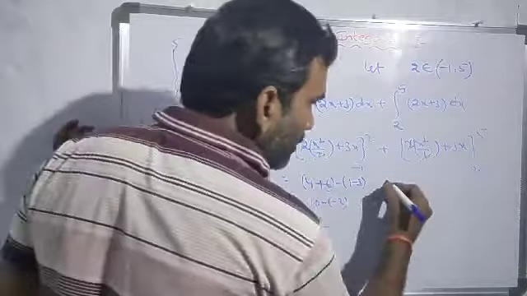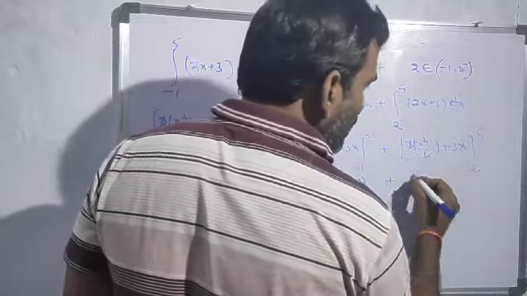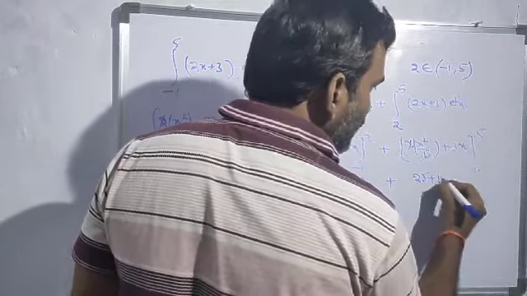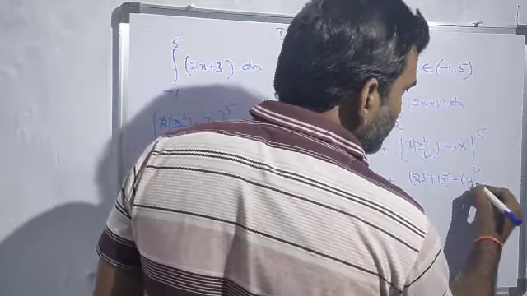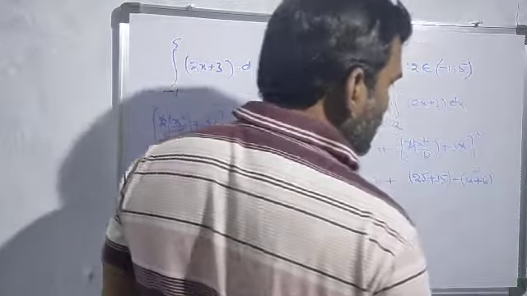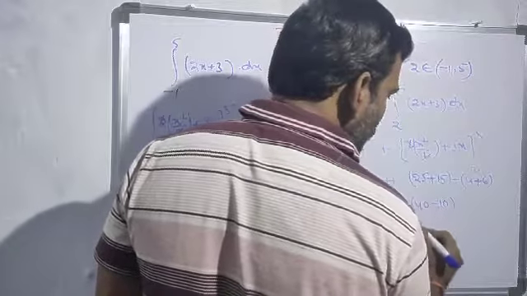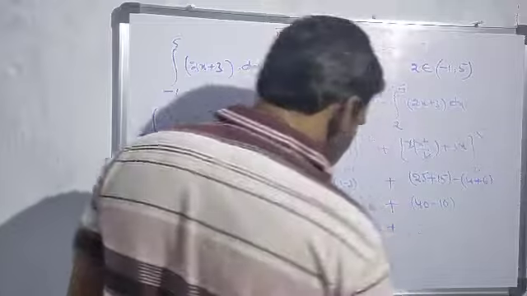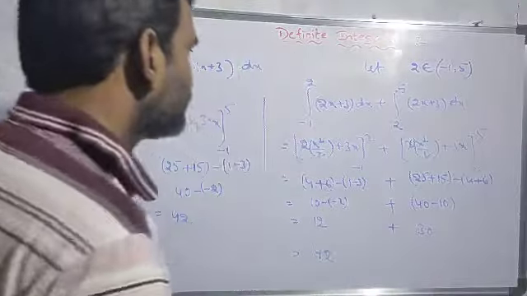Here we are getting plus 5 squared is 25 plus 15, upper limit completed, minus 2 squared is 4 plus 3 times 2 is 6. So 40 minus 10 means 30. Now we add 30 plus 12, that means 42.